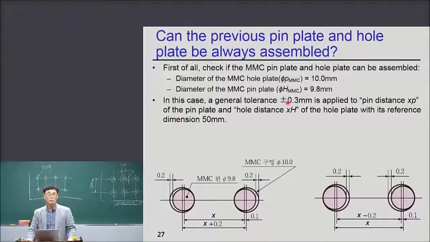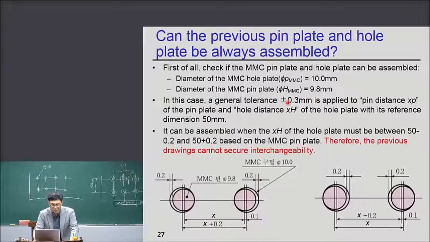There are some combinations where the difference between the center distance of the pin plate and the center distance of the hole plate is larger than 0.2, so interchangeability is still not guaranteed.